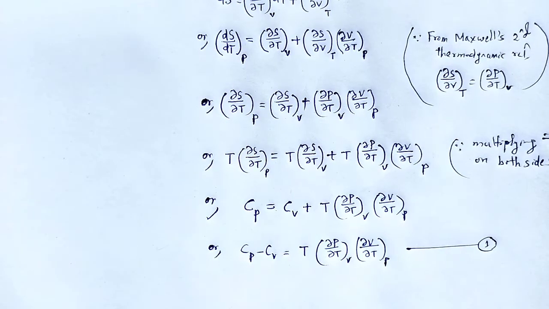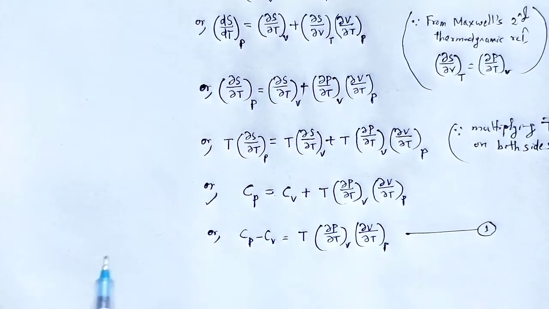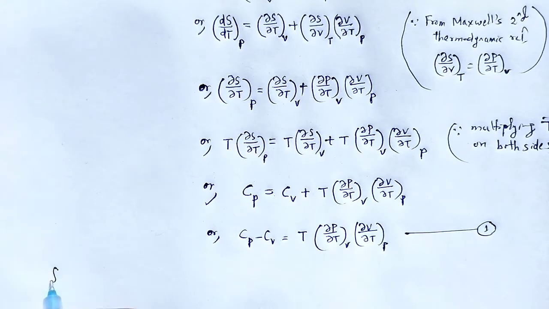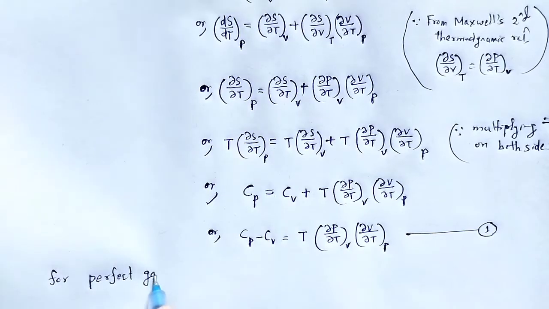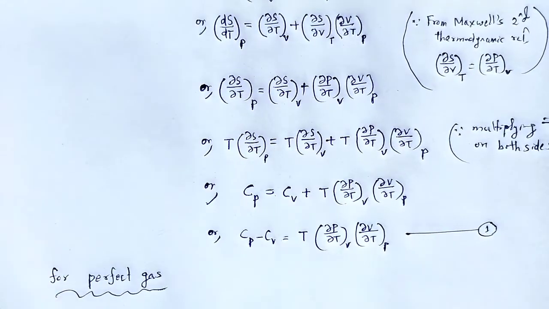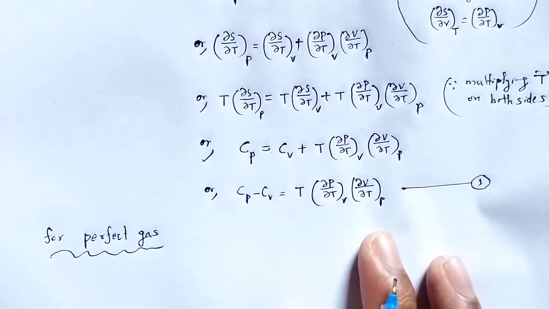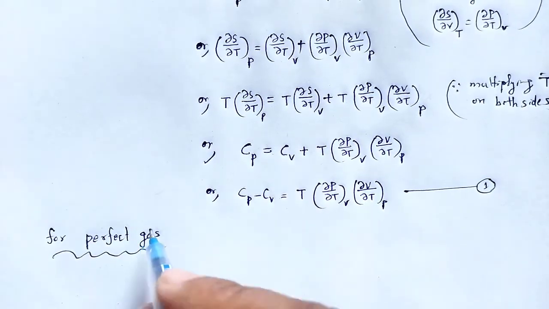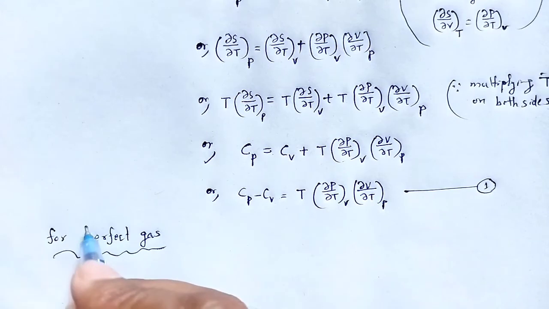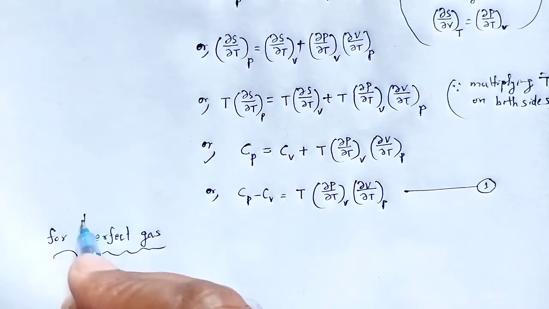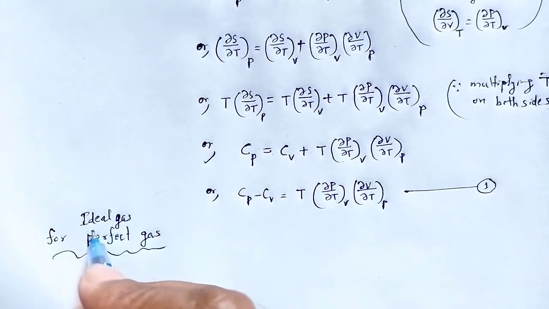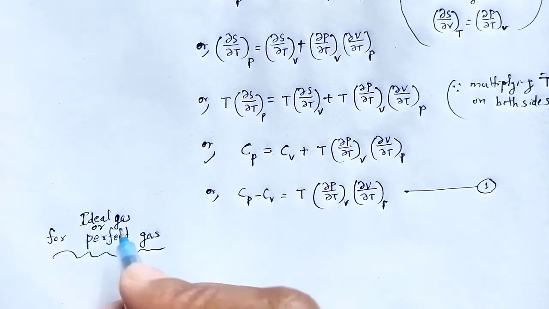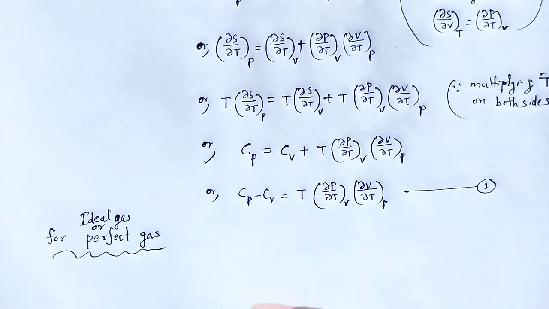So first, for a perfect gas, that is also known as the ideal gas, what is the result of Cp minus Cv?